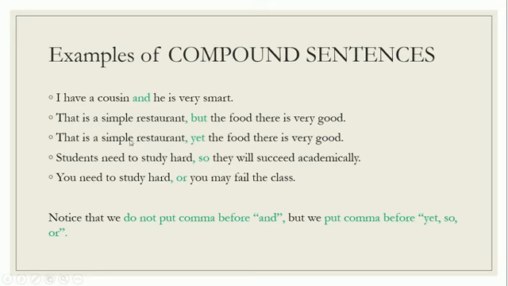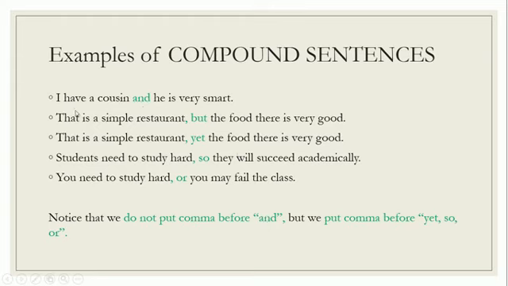By now you may have noticed that we do not put a comma before and here. We have no comma here, but we put a comma before the words yet, so, or, and also but. That is the difference between the word and and the other conjunctions.